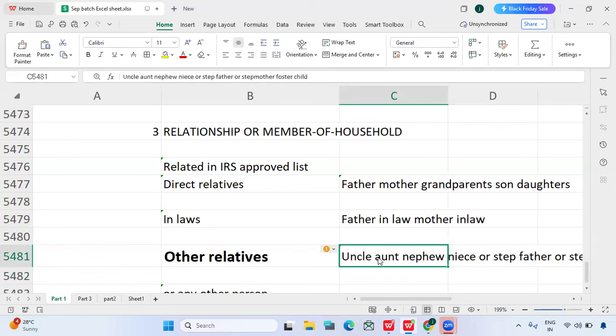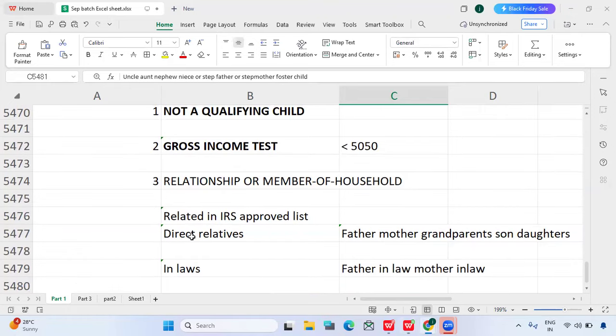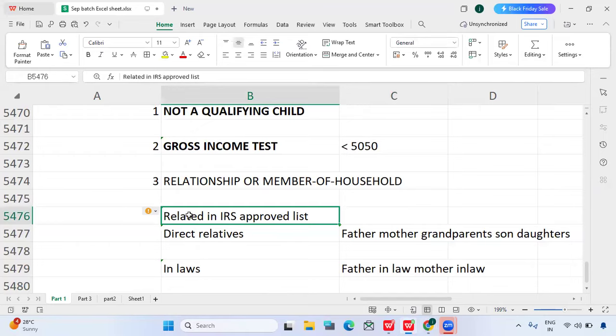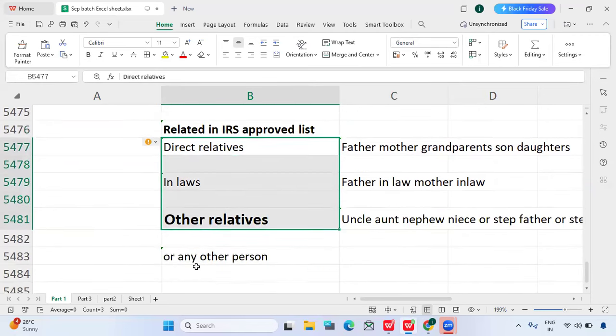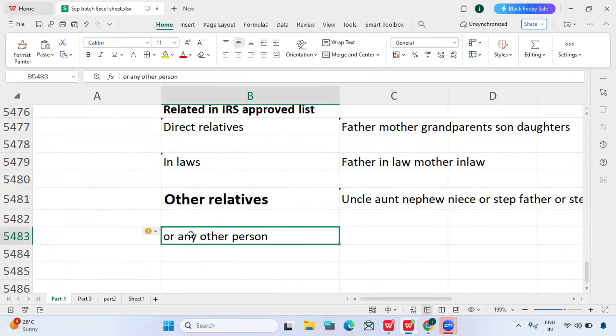Now some other cases, cousins. Did we include cousins in the list? No. Cousins are not direct relatives. Even though they are relatives, cousins are not direct relatives. So we have two relationship categories. One is related in the IRS approved list. The other is any other person other than the above list.